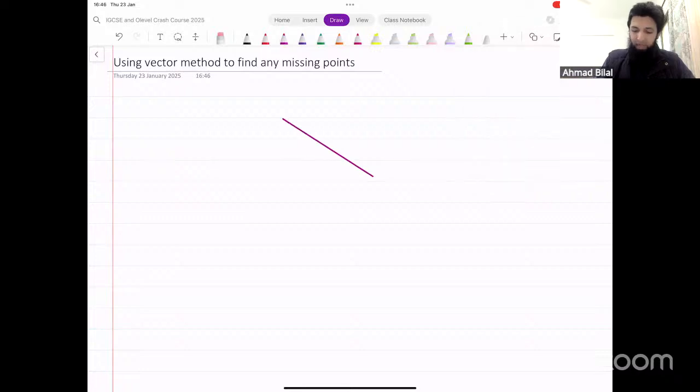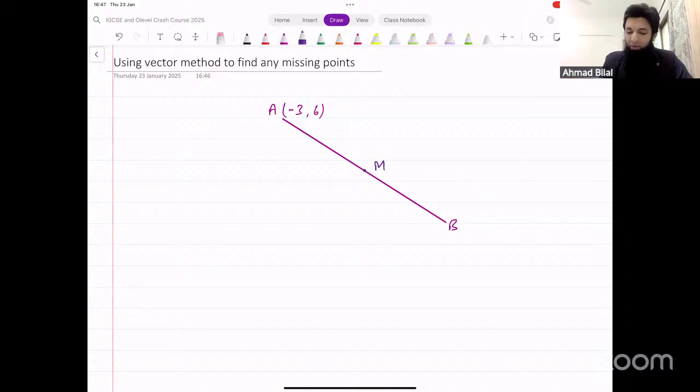Let's say I have a line like this, and we have the endpoints of this line as points A and B. Okay. And there's a midpoint of this line, and that midpoint is called M. And now what happens is I know the coordinates of the point A. Let's say they are -3 and 6.